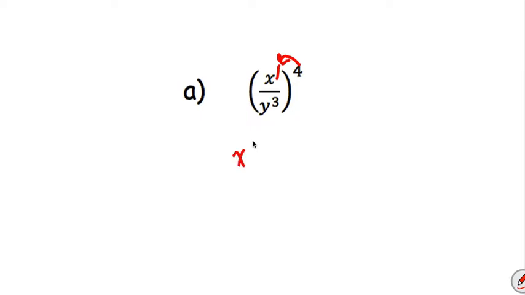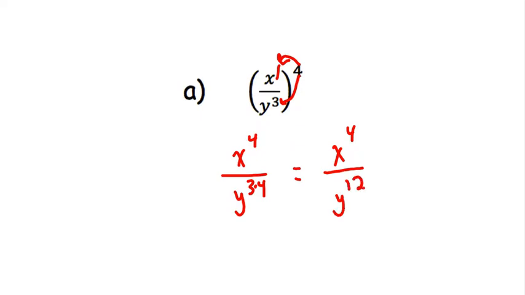So x, 1 times 4 is 4, and then take this 4 and multiply it by the 3. So it'll be y, and then 3 times 4. The final answer here would be x to the fourth, and then 3 times 4 would be 12. Okay, so that is your final answer for that one.